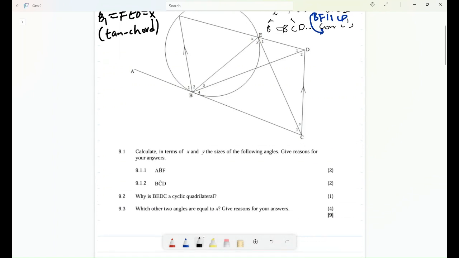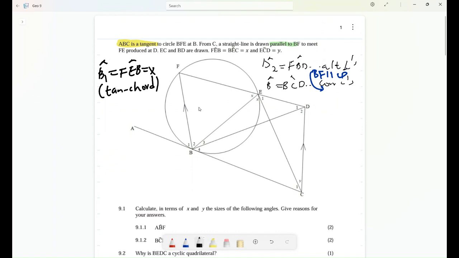Now they say to us, calculate in terms of x and y the size of the following angles. A, angle BF. Now, before I can recalculate anything, I come back to my information and see if I haven't calculated angle BF.